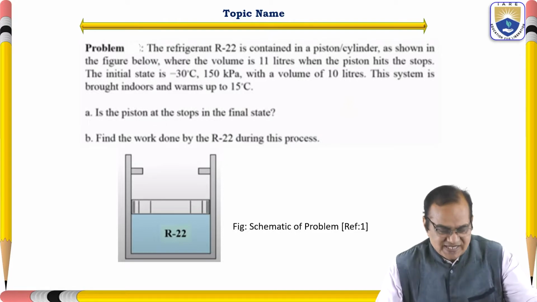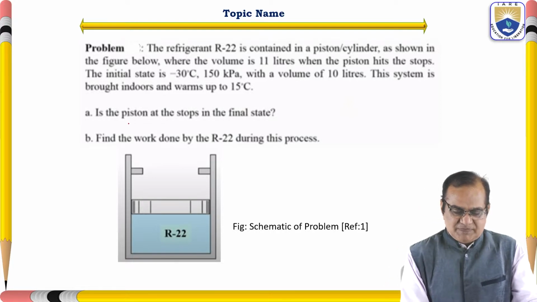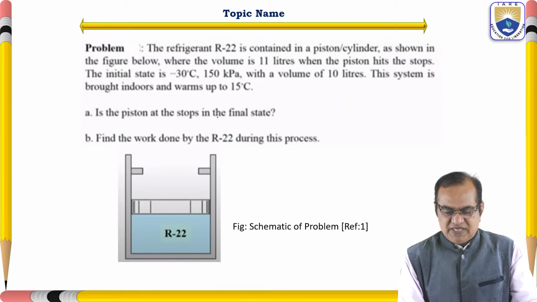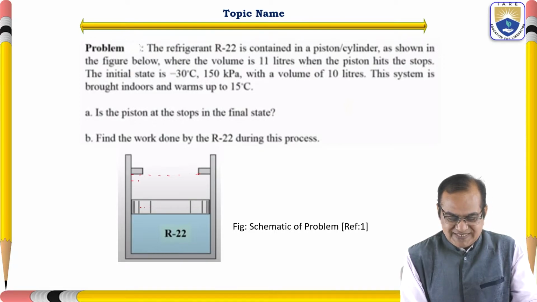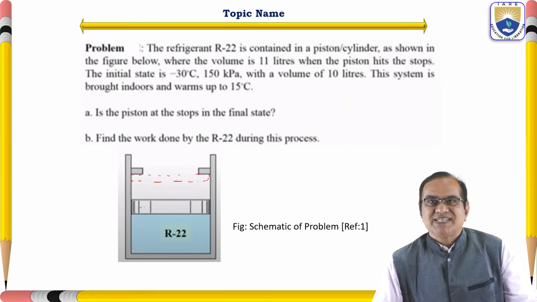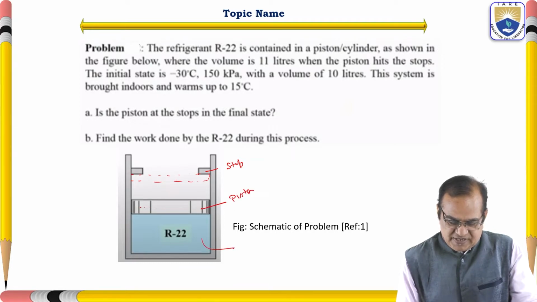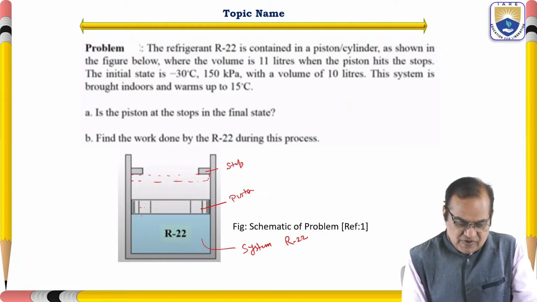So here we can see that hypothetical things are also given. We have to find out whether the piston is at the stop in the final state. If it is touching, then we can say that the piston is touching the stop. These are the stops here, this is the piston, and this is the system, R22, and its volume is given.